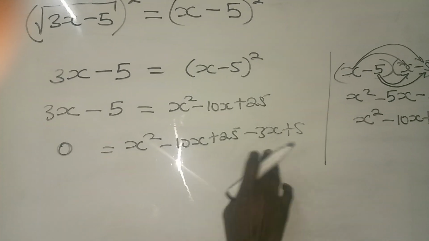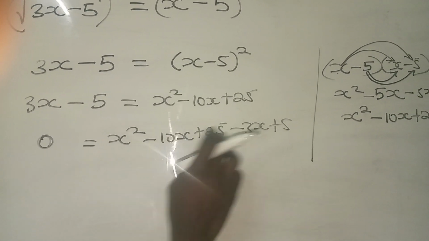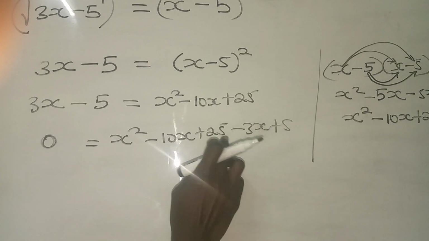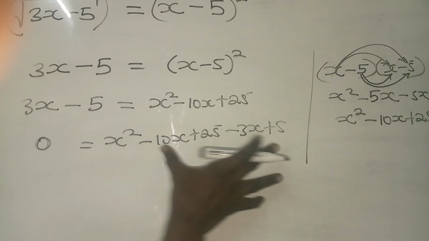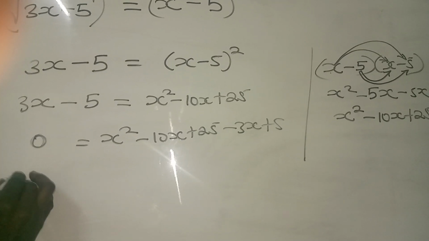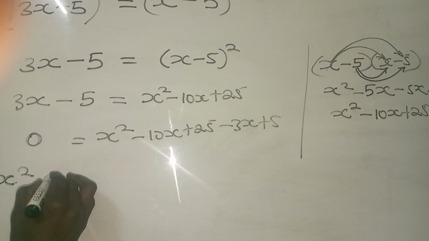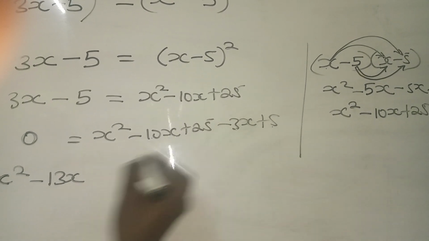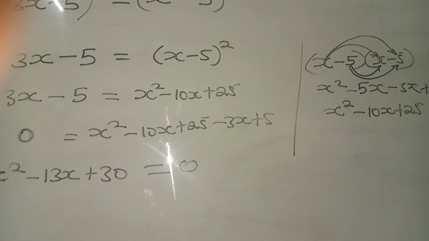Now we combine the like terms. Negative 10x and minus 3x are like terms. 25 and 5 are constants which combine, and therefore this side will be x squared minus 13x plus 30, and this is equal to 0.